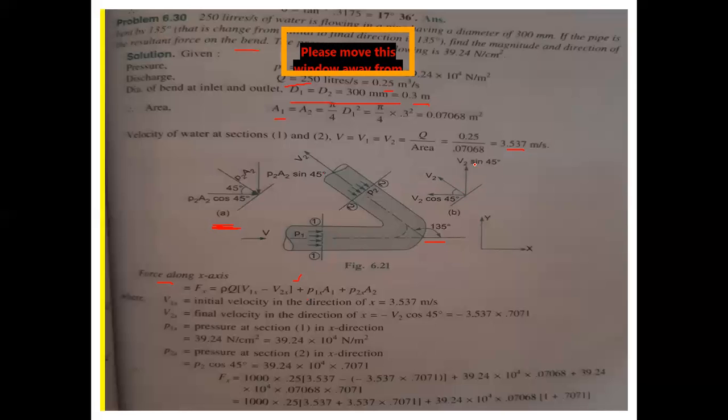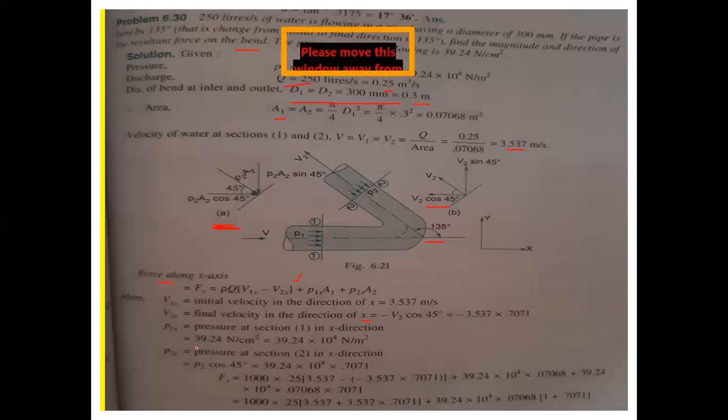On the opposite side we get V2 sin theta, and on the adjacent side V2 cos theta. Therefore, in the direction of x, it is minus V2 cos 45, and substituting this, we get the value. Next, pressure P1 at section 1 in the x direction.